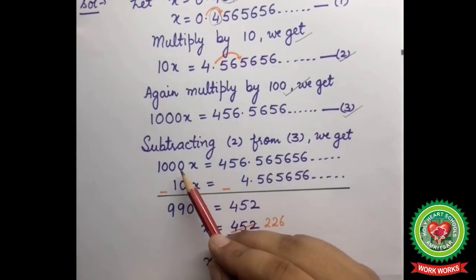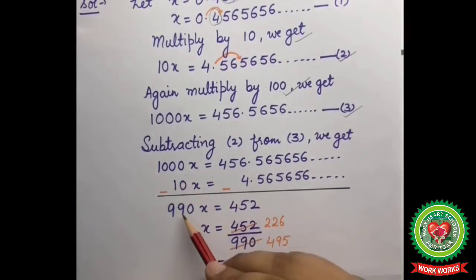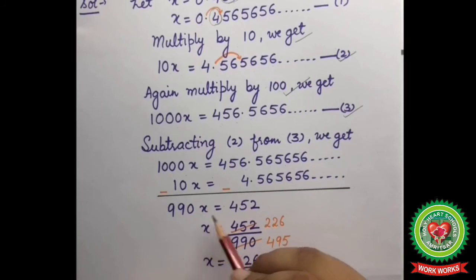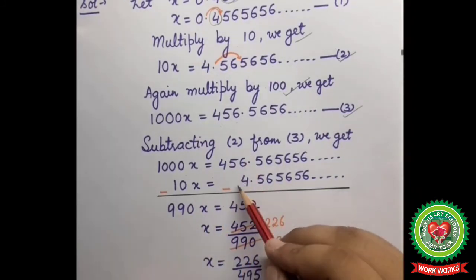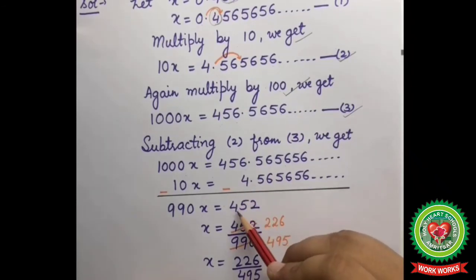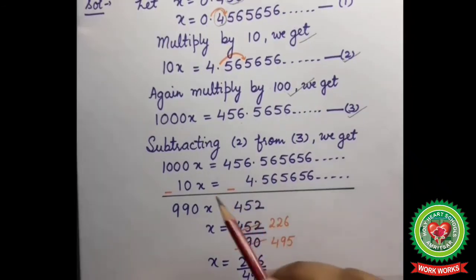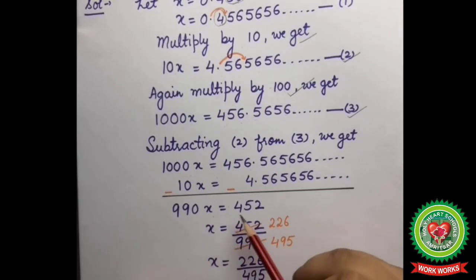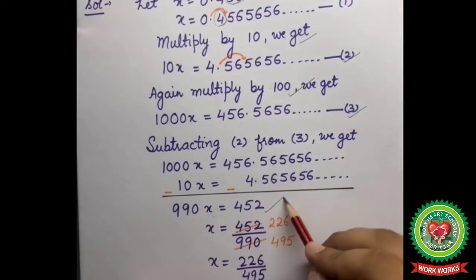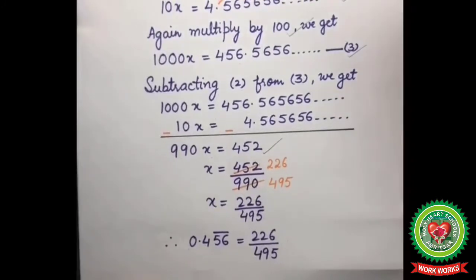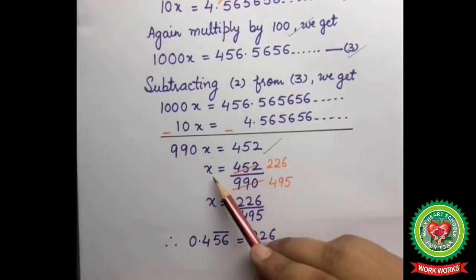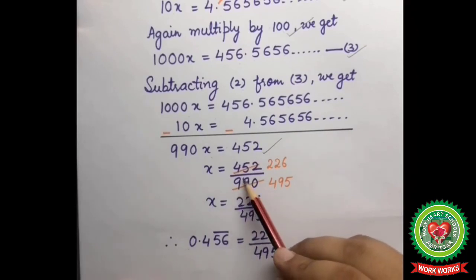So on subtracting, we are going to get 990x is equal to, on subtracting 456 and 4, we'll get 452. So we get 990x is equal to 452. Now 990 will be shifted to the other side. So on shifting, we'll get x is equal to 452 upon 990.